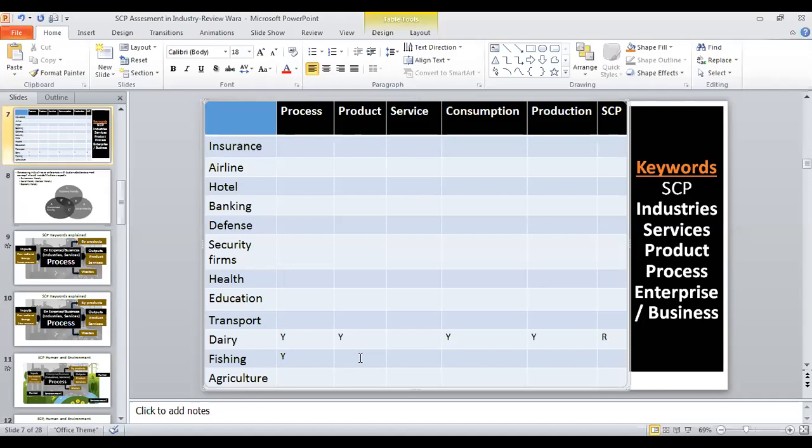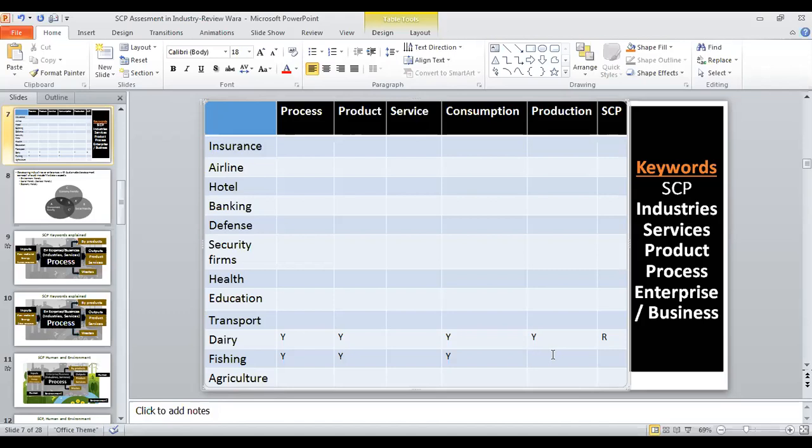Product, yes, there can be fish processing and packaging. Consumption, of course, these products are for consumption. Is there a production aspect? Yes, fishing has a harvesting aspect.